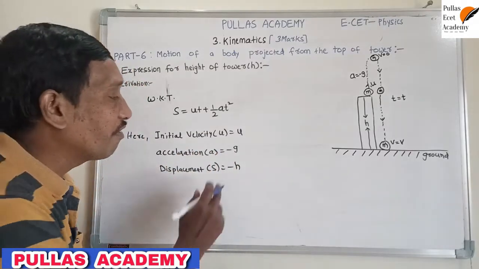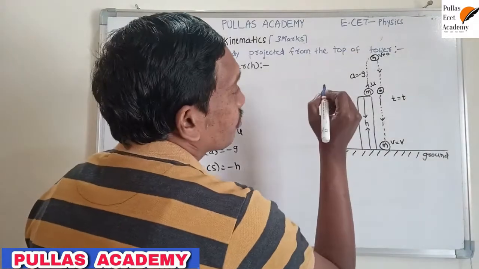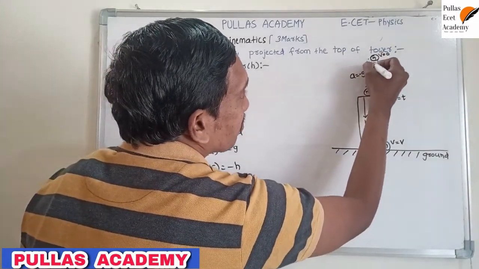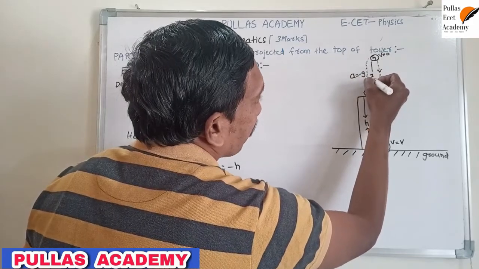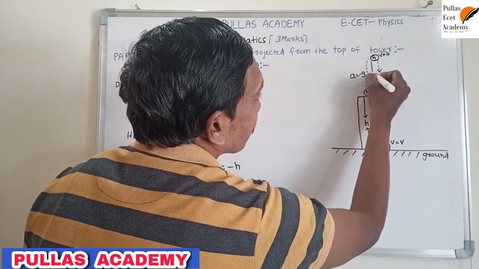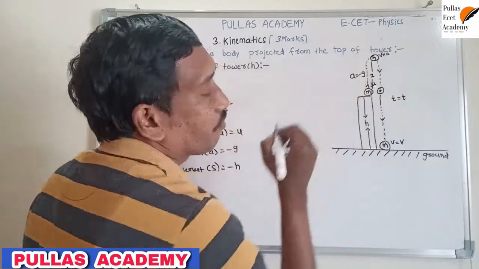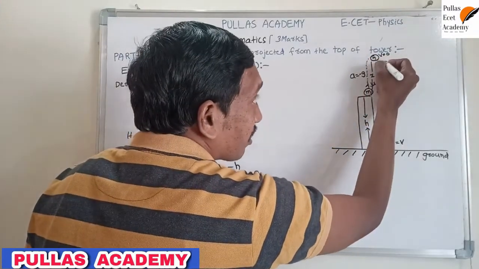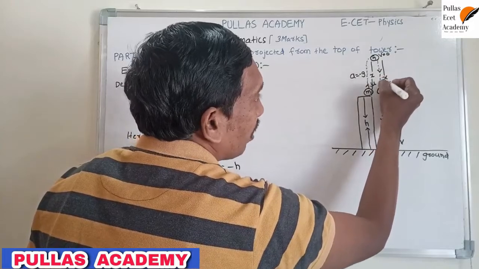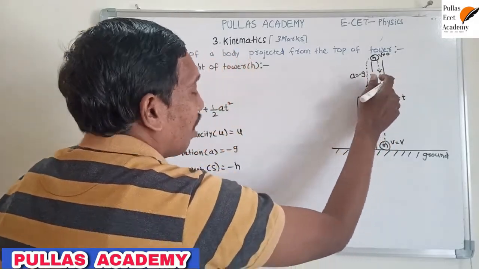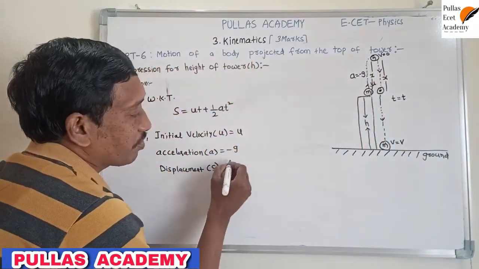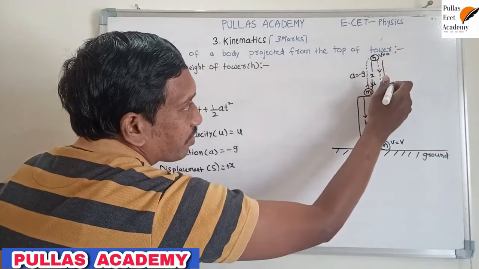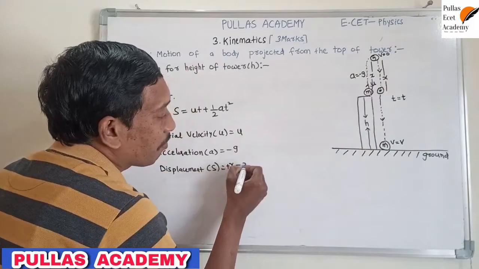If you can't understand it this way, understand it in this way. For example, it is projected from this point, from the top of the tower. Suppose it is displaced a small x upwards, and again travels the same distance x downwards. Moving upwards is plus x. When the same body moves the same distance downwards, it takes minus x.